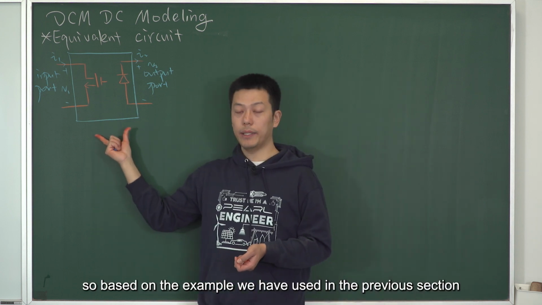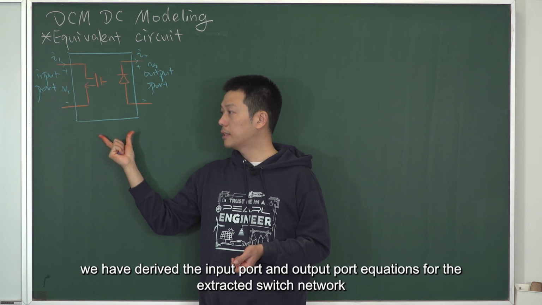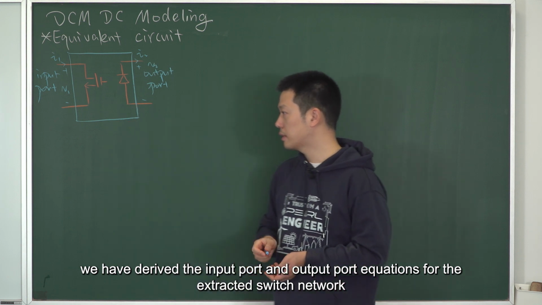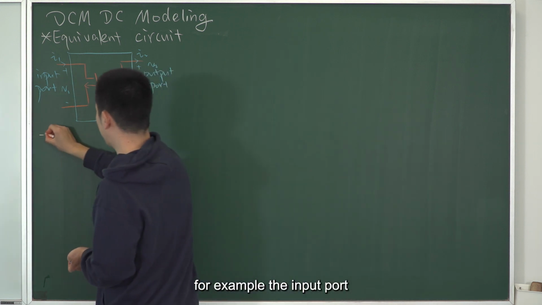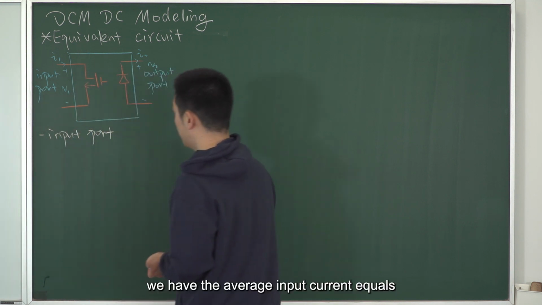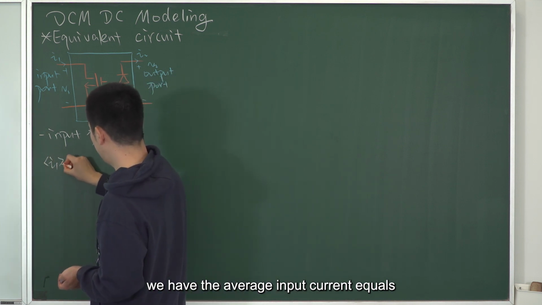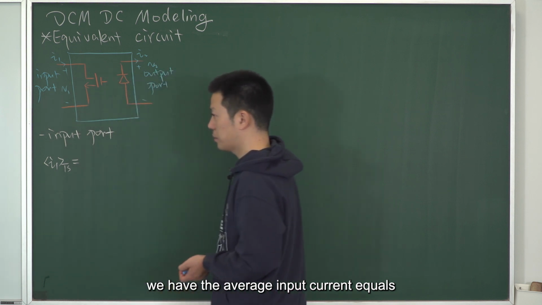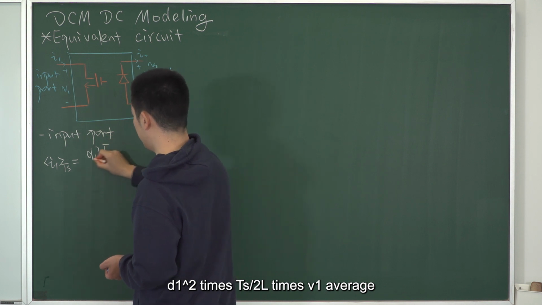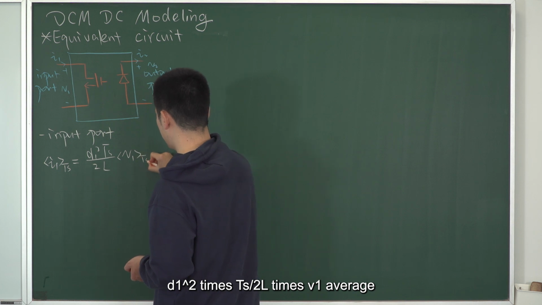So based on the example we have used in the previous section, we have derived the input port and output port equations for the extracted switch network. For example, the input port, we have the average input current equals D1 squared times Ts over 2L times V1 average.